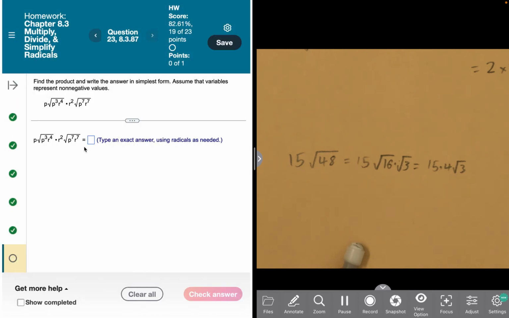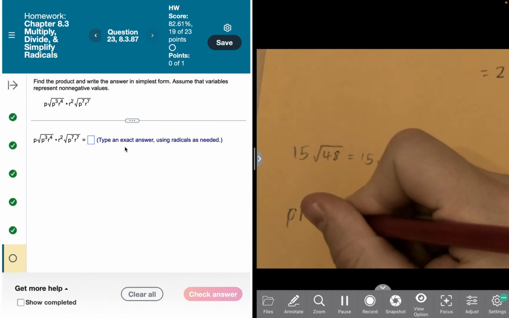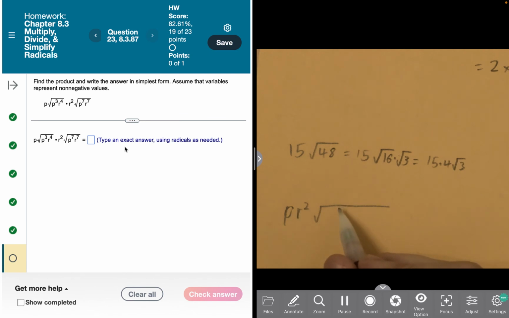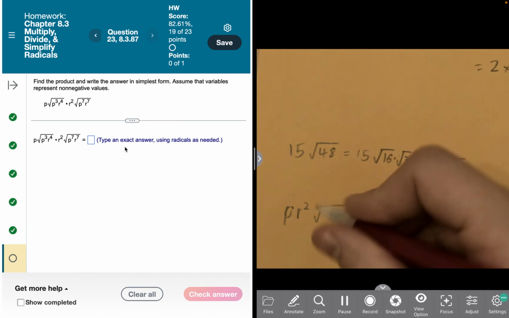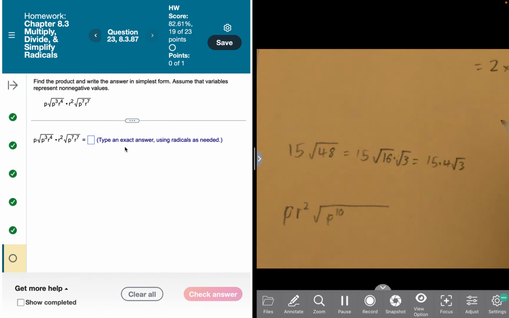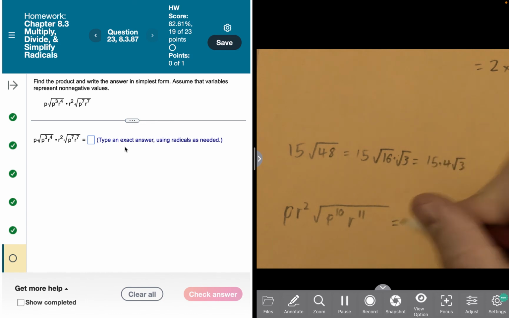And our last question here, of course, is the worst we've seen so far, so let's deal with this. We've got a p on the outside, we've got an r squared on the outside, and now collectively in the root we can multiply these together. We've got a p cubed and a p to the 7th, and those exponents will add to make 10. We've got an r to the 4th and an r to the 7th, and those exponents will add to make 11.